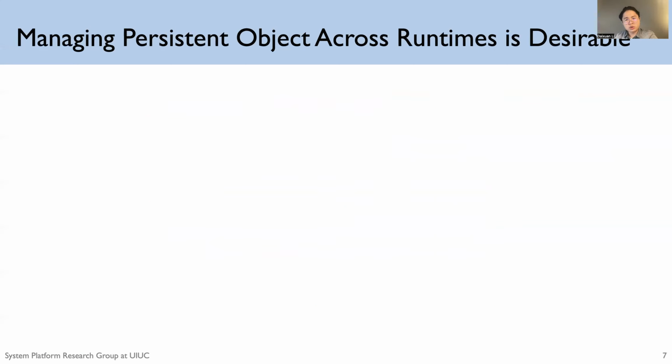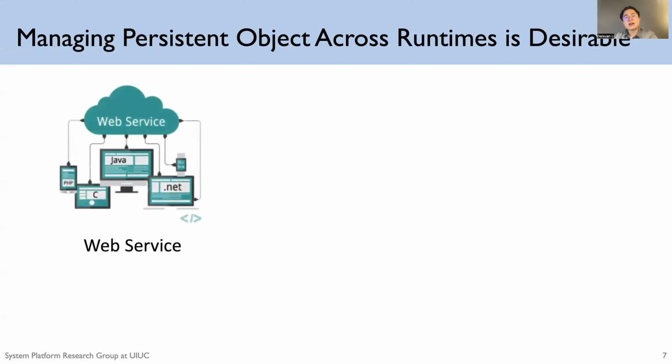Let me give you 3 real-world scenarios to further elaborate why we need to support data sharing among multiple runtimes. In web services, a Java server can persist its objects in non-volatile memory and allow other programs written in different languages, such as Python, to access these objects directly.